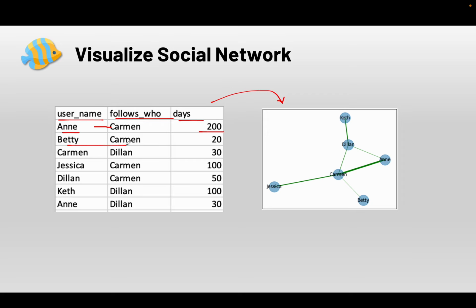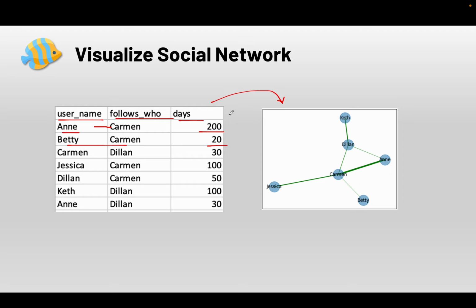Betty also follows Carmen, and this friendship only has 20 days, so they are new friends compared with Annie and Carmen. You can think of these days as the strength of the relationship.